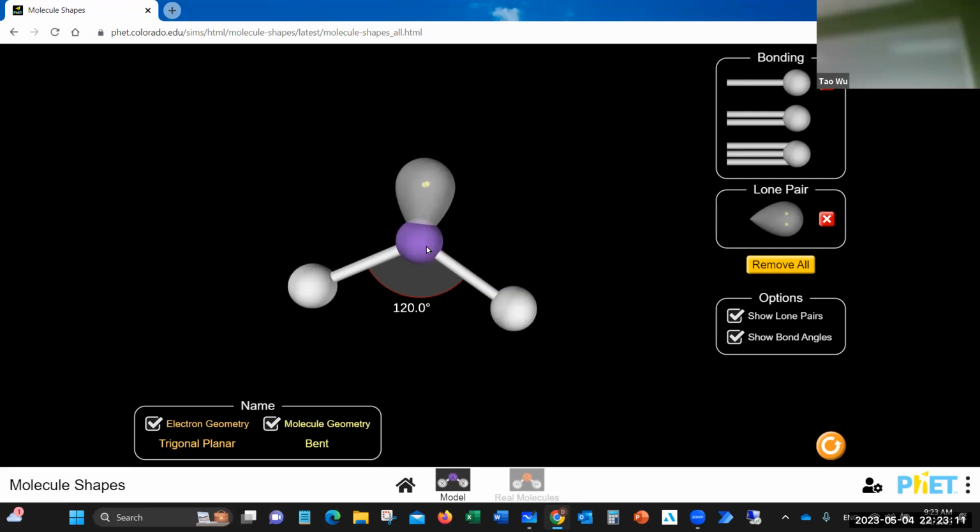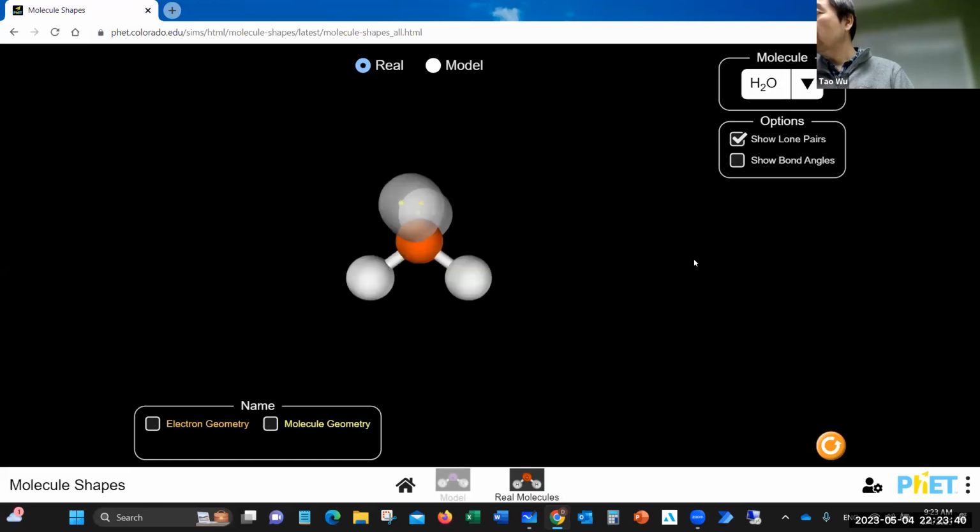So they occupy a bigger space, and this one will push those 2 and make the angle a little bit smaller. Suppose it's 120, but since we have one lone pair pushing the bond angle, we should have a little bit smaller bond angle. I'll give you a real molecule.